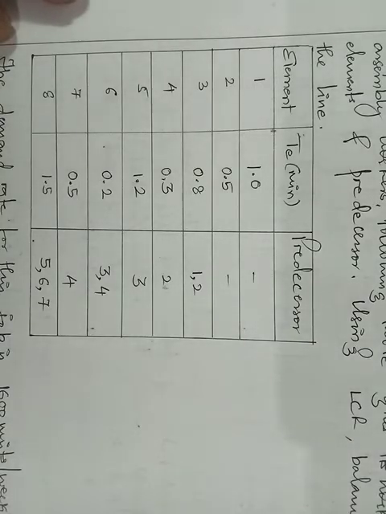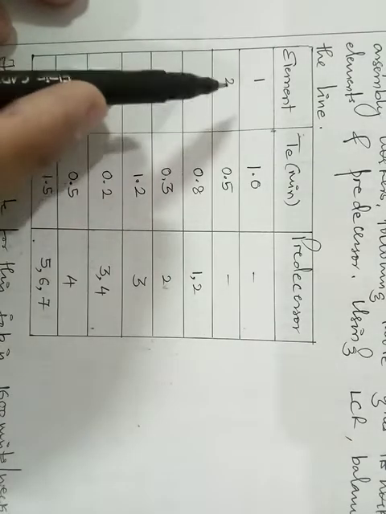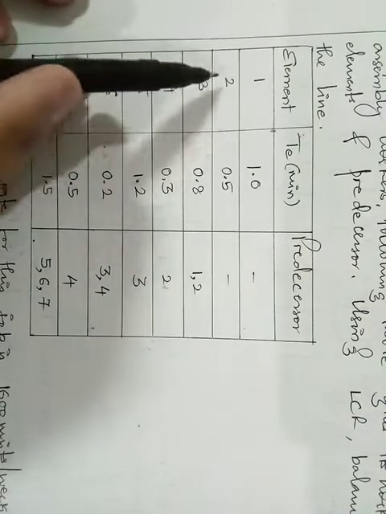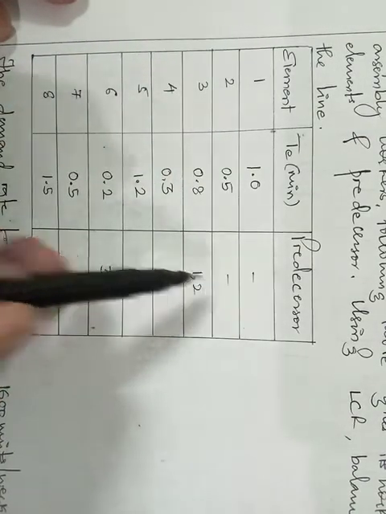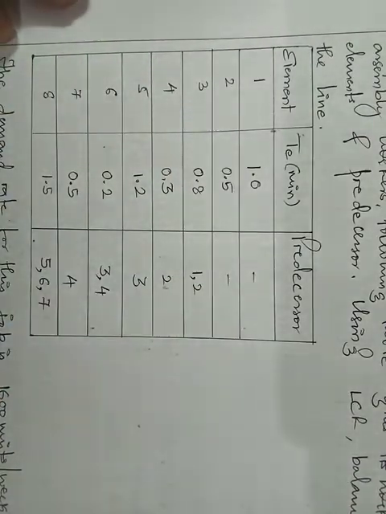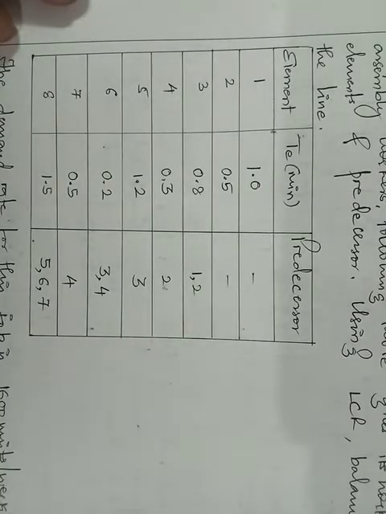Now you can observe from this table that 1 and 2 do not have any predecessor. It means that nothing is happening behind element 1 and element 2, so it is the start point. If a particular element does not have a predecessor, we need to understand that it is a starting element.